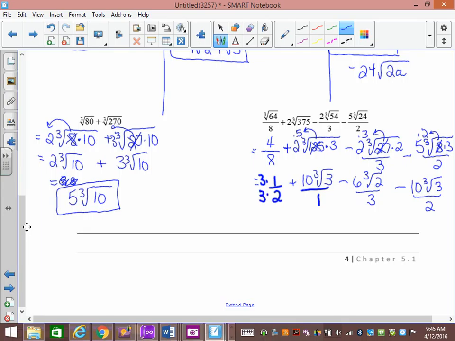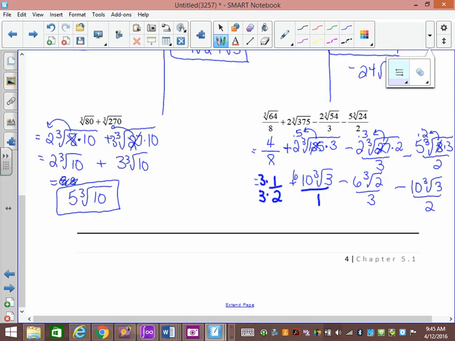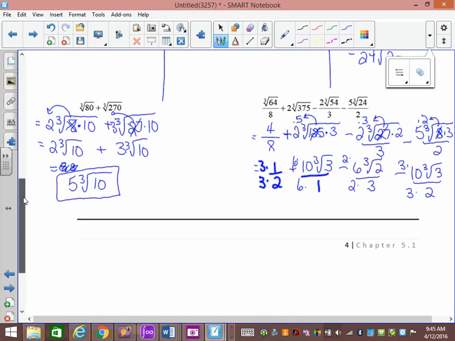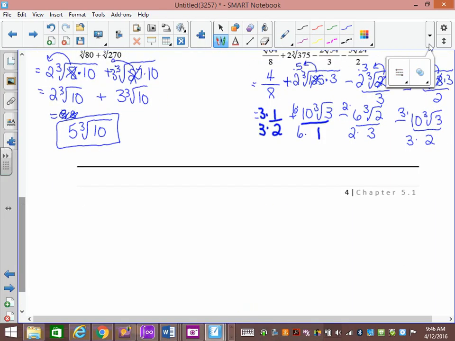And then I'm going to times this one by 6 over 6. I'm going to times this one by 2 over 2. And I'm going to times this one by 3 over 3. So that I can get a 6 on the bottom. So here I'm going to get 3 over 6.